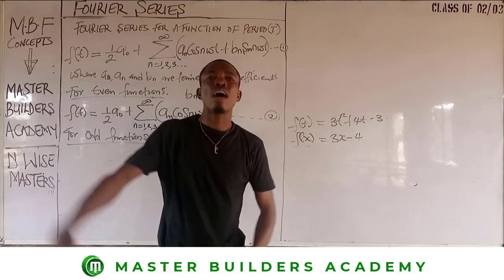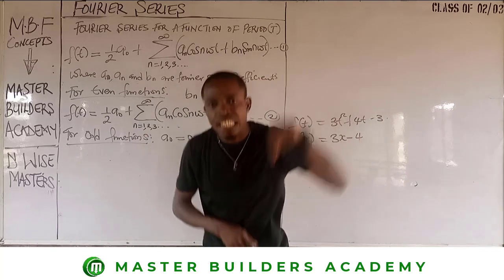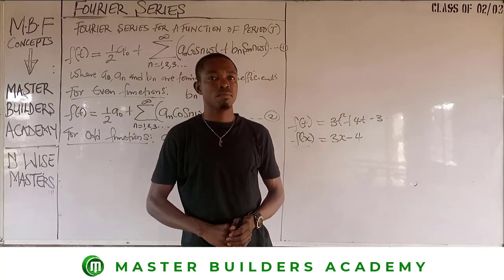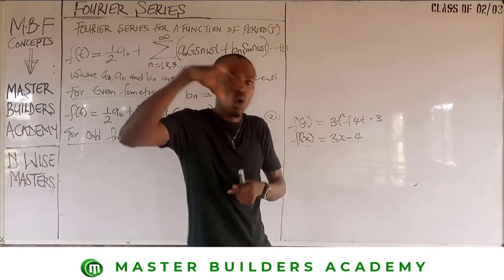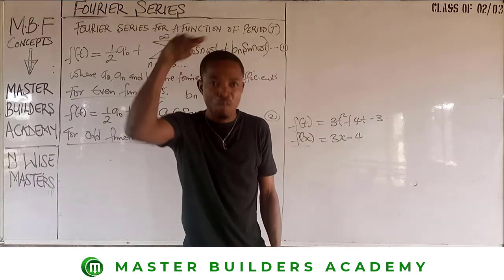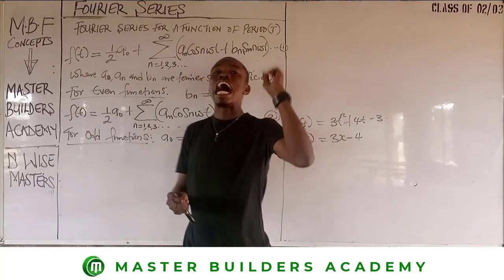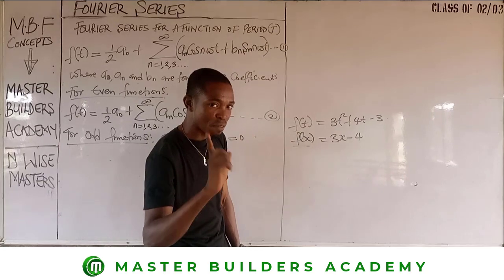It shows that for every odd function, only sine terms exist. Cosine terms do not. Are you there? So only sine terms exist, but cosine terms do not exist for any odd function. Remember, I promised to show you exactly how to identify odd functions and even functions, right?